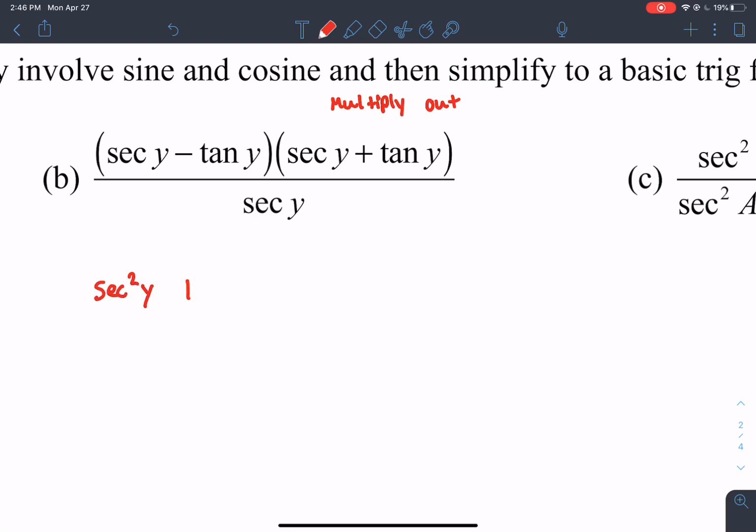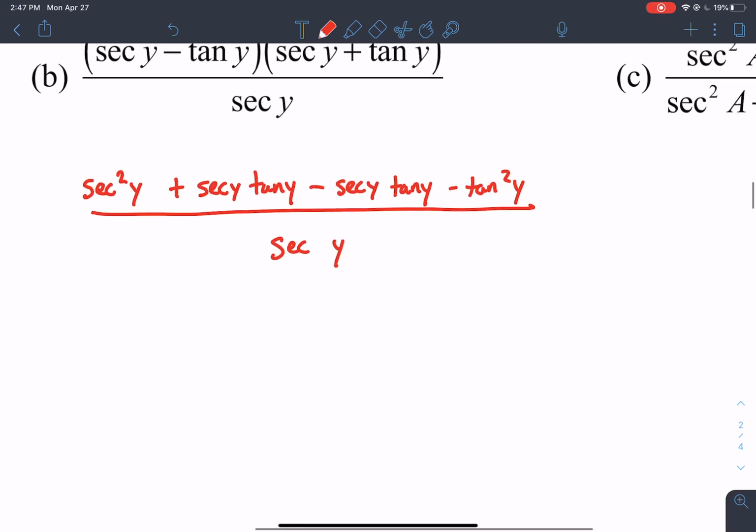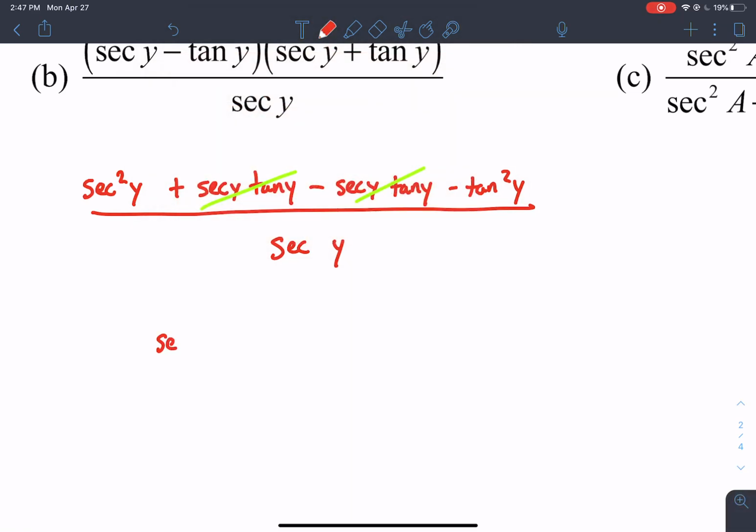Secant times tangent, secant y tangent y, minus secant y tangent y, and then minus tangent squared over secant. So obviously the middle terms are going to cancel.